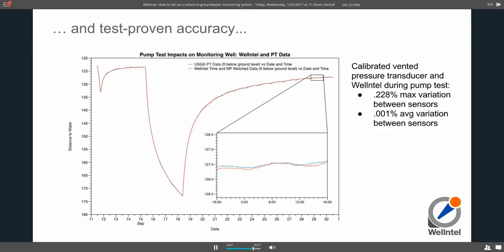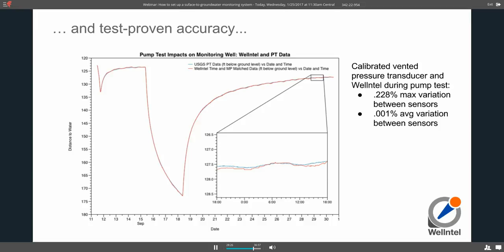It was overcompensating just a tiny bit, and therefore caused a slight variation in the output. But when temperature was very uniform or very close, you can see in that inset that the two instruments were basically providing exactly the same measurement throughout that test.